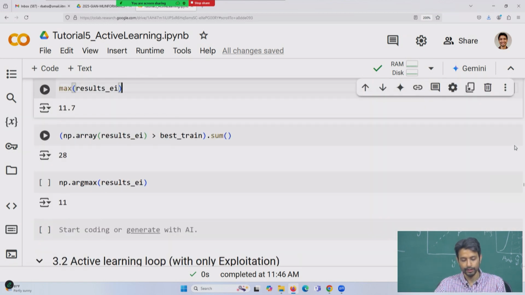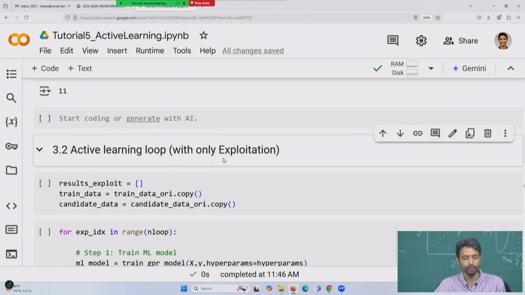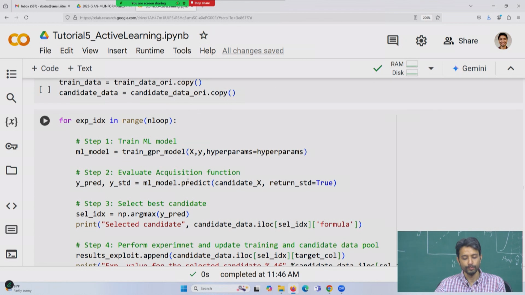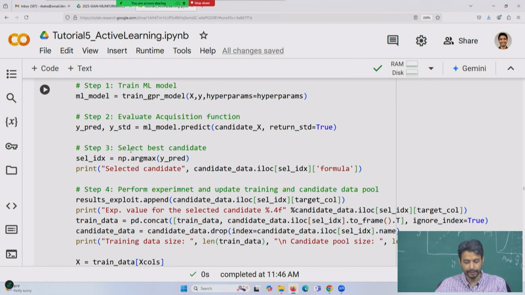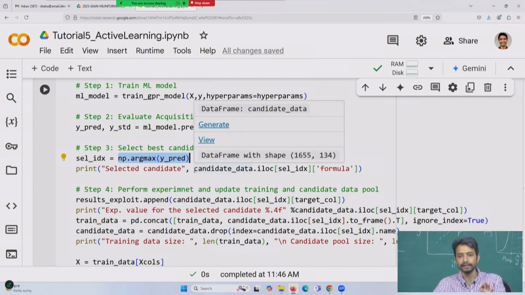Okay, so this is our expected improvement iterative loop, and then next we do the same iteration loop but only with exploitation. So what will I do for exploitation? The only thing I will change is how I select my best candidate. Everything else remains the same, except the best candidate that I am selecting is now based on maximum predicted y cap. So whatever band gap prediction is there, I select that candidate which has the highest predicted band gap value.